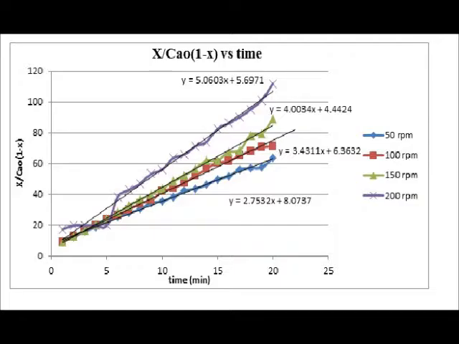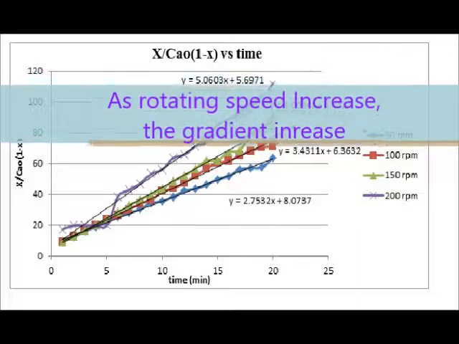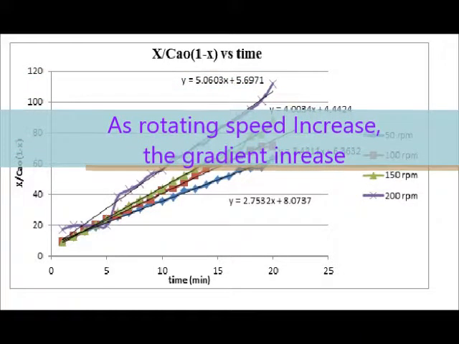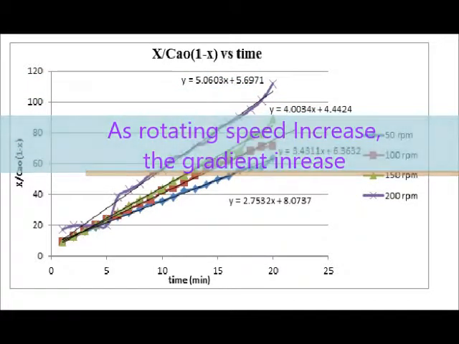Alright guys, let's get back to the graph of the second order reaction. As we can see from the graph, different rotating speeds produce different straight line graphs with different gradients. Overall, as the rotating speed increases, the gradient also increases.